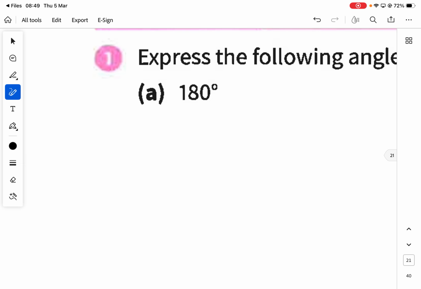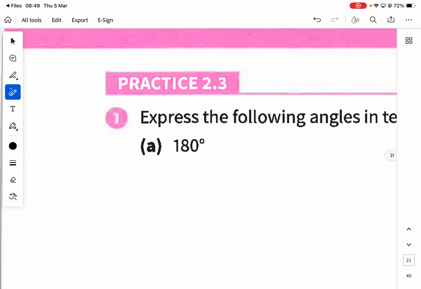Seven pi over 6 radian. Everyone got 7 over 6 pi? 7 pi over 6.